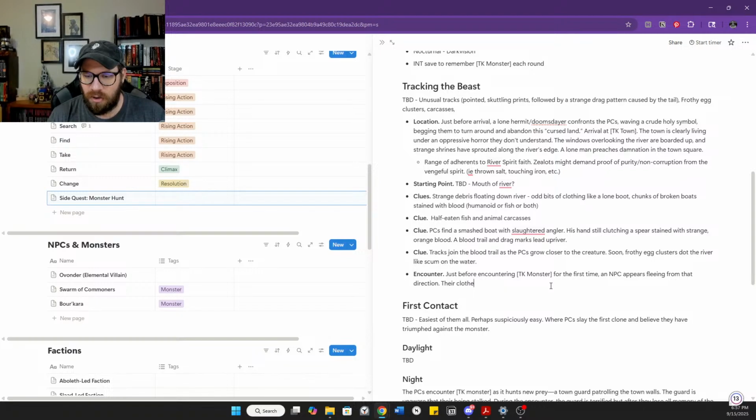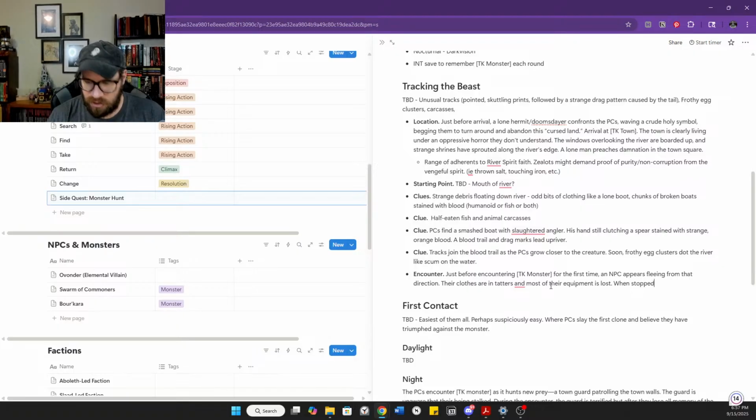Their clothes are in tatters, and most of their equipment is lost.